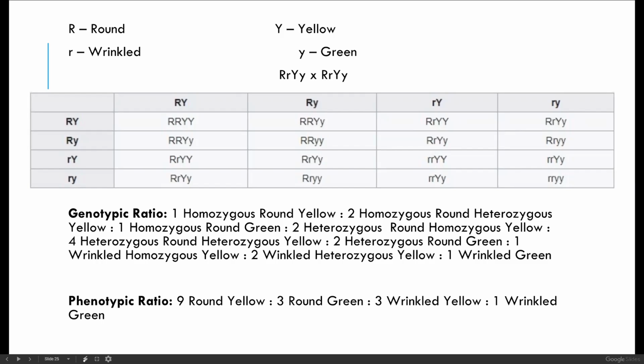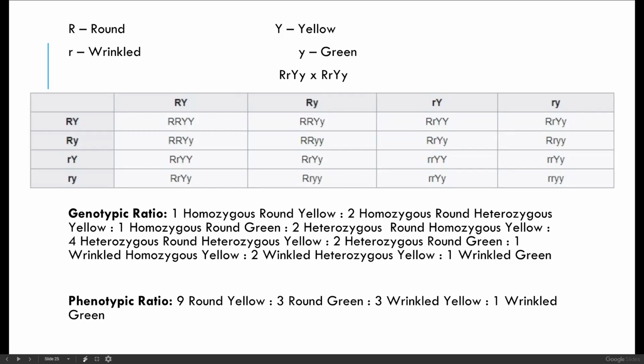We're talking about two or more genes. Please look at your diagram or illustration. We are crossing now a heterozygous round, heterozygous yellow to a heterozygous round and heterozygous yellow.